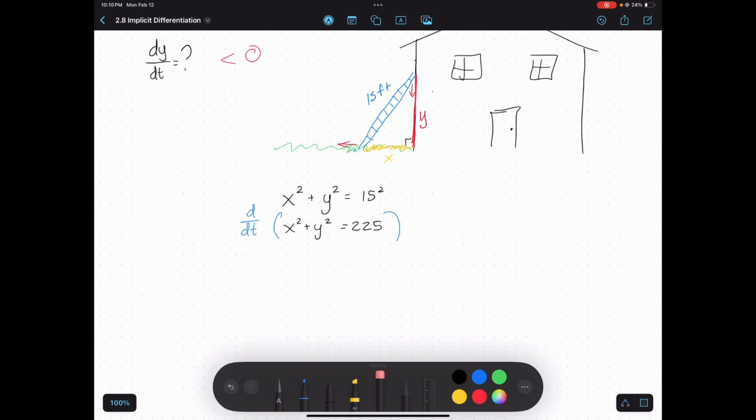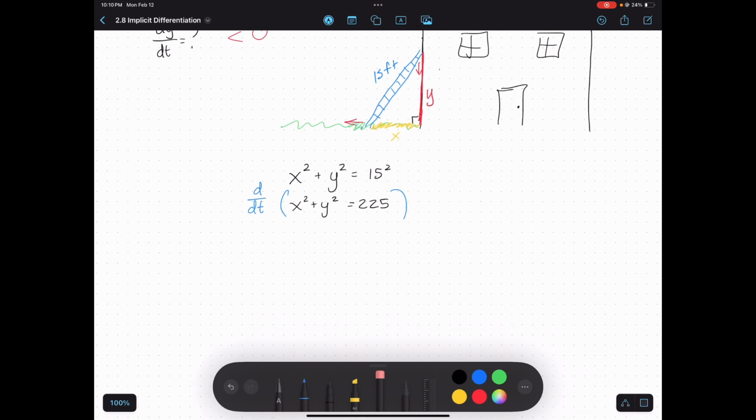So, let's do this. Let's see if we can do this here. So, when I take derivatives, remember, if I'm separated by addition, I can just take the derivatives of these separately. So I'm separated by addition, so let's just focus on what is d over dt of x squared. Well, that's not the right variable.